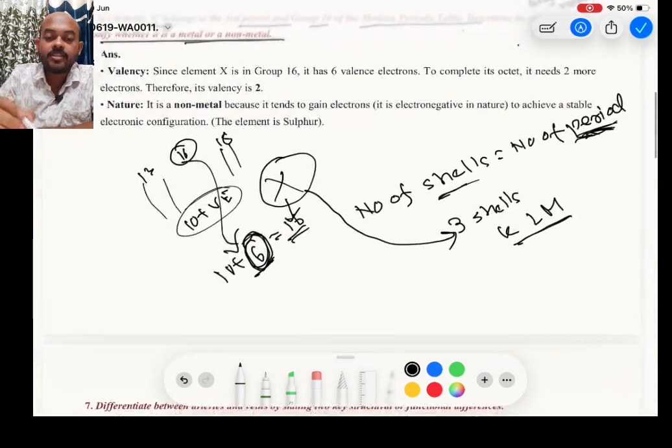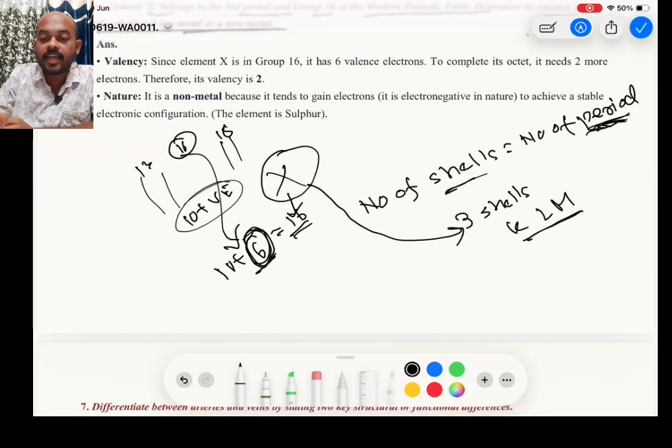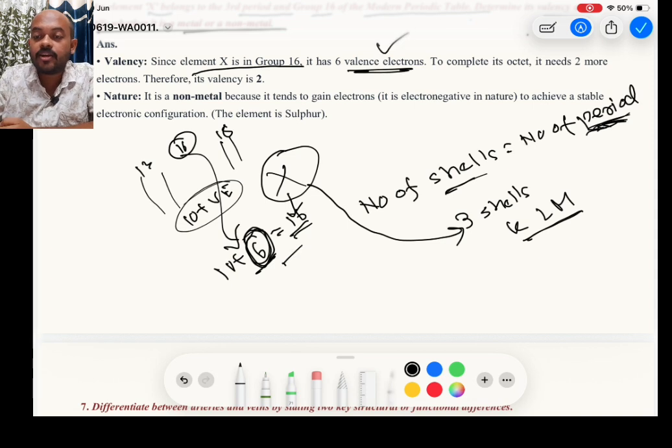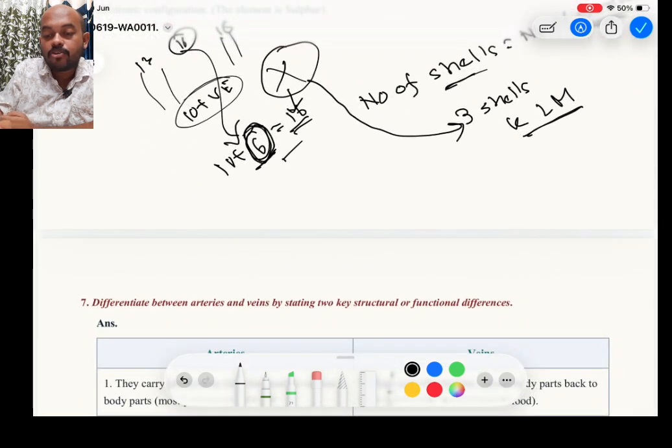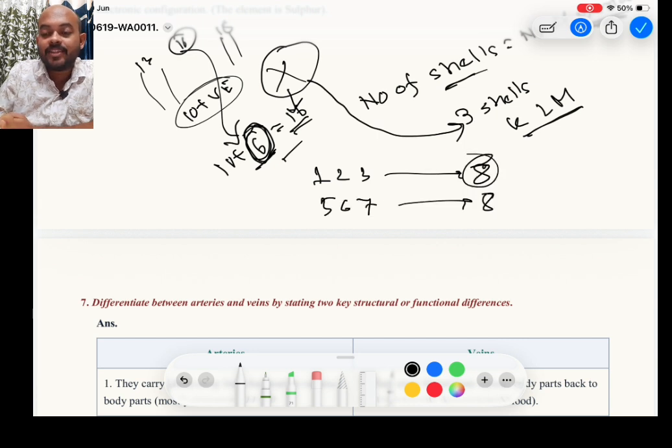So you see here, since element X is in group 16 and has 6 valence electrons, which I have already shown here, to complete its octet it needs 2 more. Always remember, when the valence electrons are 1, 2 and 3, the octet is very far. Octet means 8. For 5, 6 and 7, the octet is very near. That means here the number of valence electrons itself will be the valency.